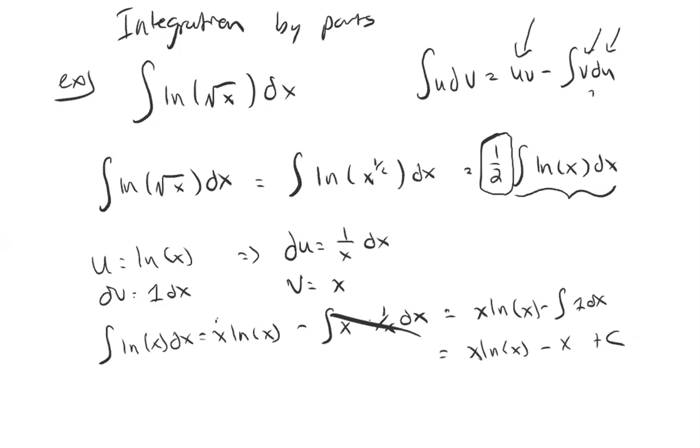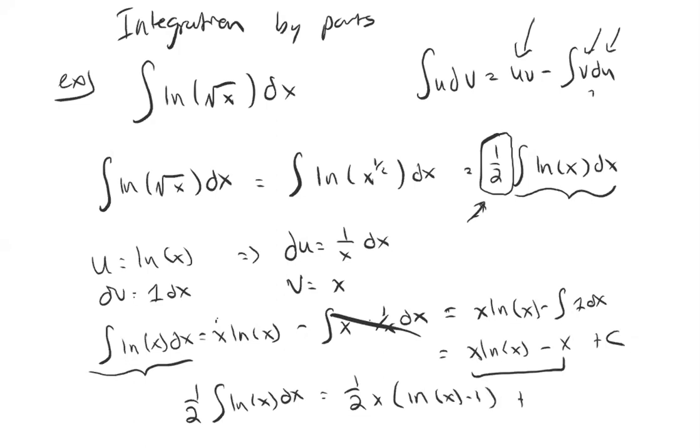Now we're very close. The reason I put this off to the side here is I didn't want to mess with the coefficient until later. So we have this, but we really wanted to have an extra coefficient of 1/2, so we can just multiply both sides by 1/2. So we have 1/2 integral of ln of x dx is 1/2, and I'm going to pull an x out here, x times (ln of x minus 1) plus c1, and I'm naming it a different name from the c because technically we did actually change that constant, so it is a different arbitrary constant.